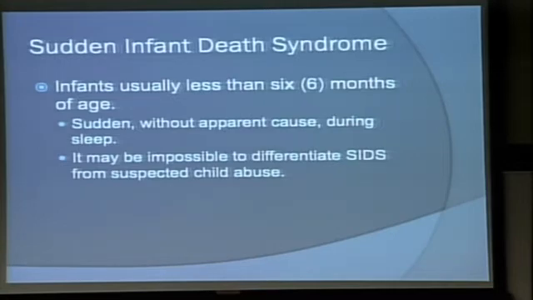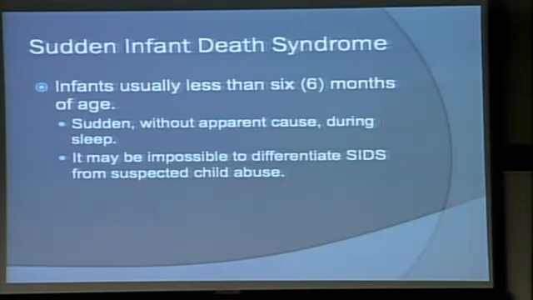SIDS, infant cardiac arrest, SIDS is probably respiratory. We don't really know. It turns out that less than 25% can be attributed to genetic cardiac things. So that's why you want to have the rhythm strip too.